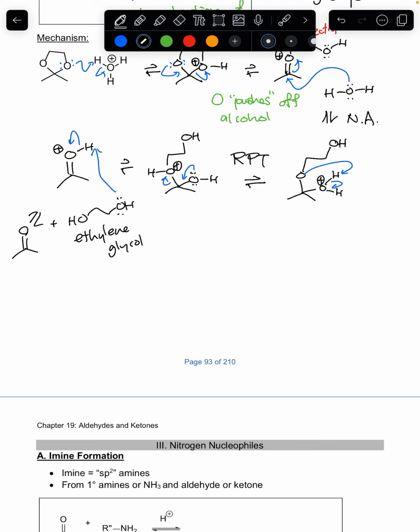Now, a protecting group, remember, is very useful because it can mask reactive or sensitive functional groups like carbonyls. So I should probably show you an example of how that might be useful.